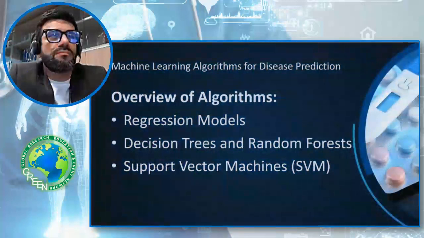About the next slide, it is about the overview of algorithms. We have mentioned three major algorithms here: the regression models, decision trees and random forest, and support vector machine, or SVM.